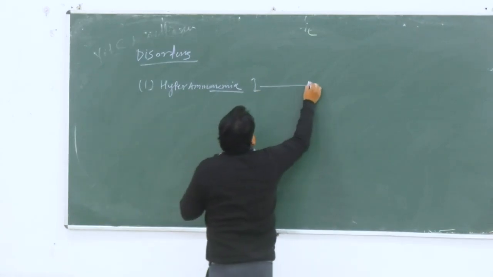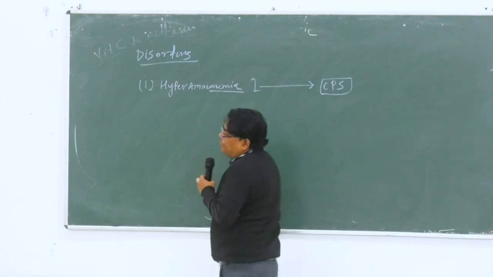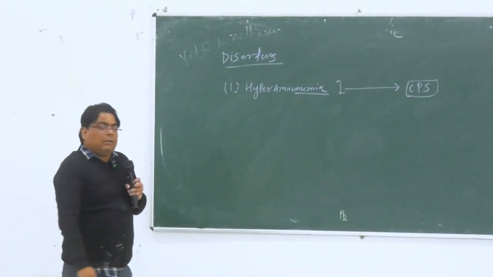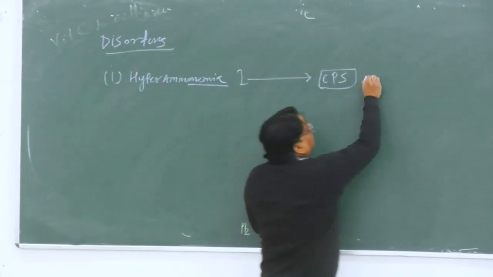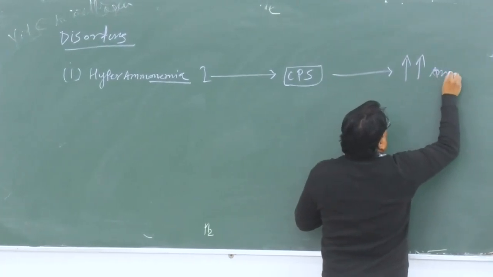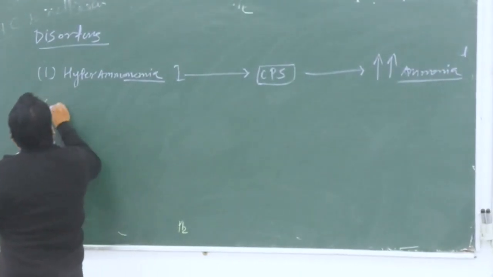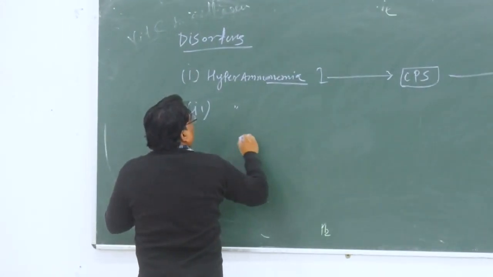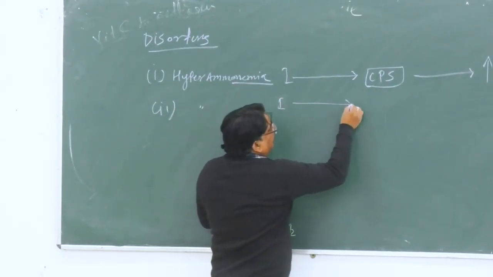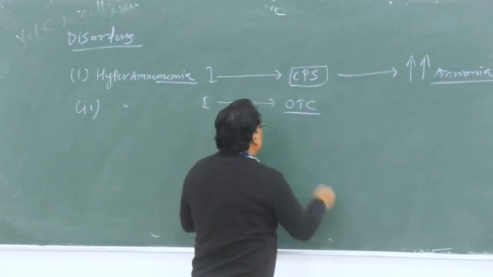Understand? The first hyperammonemia is caused by deficiency of carbamoyl phosphate synthetase, CPS. Okay, the symptom is what? Elevated level of ammonia in the blood. Second, hyperammonemia caused by OTC, ornithine transcarbamylase.